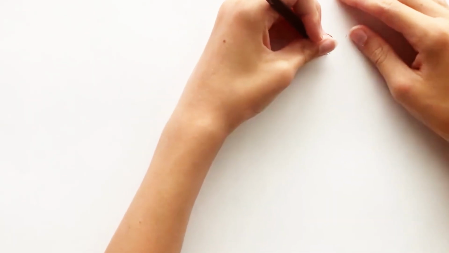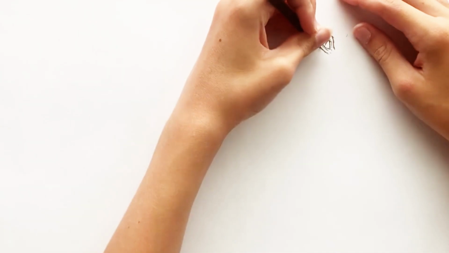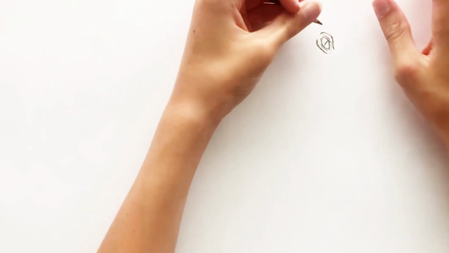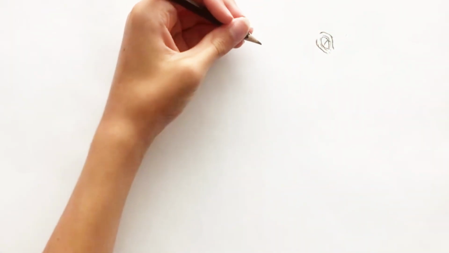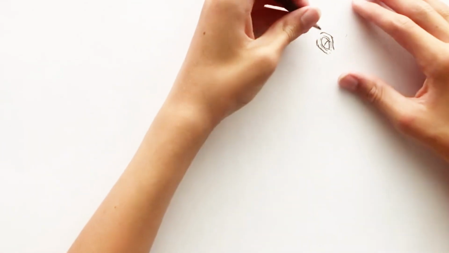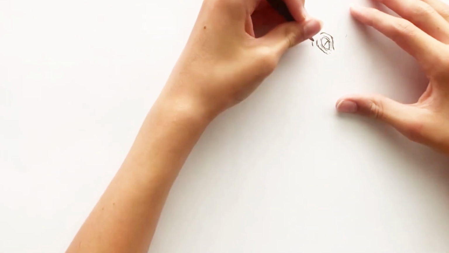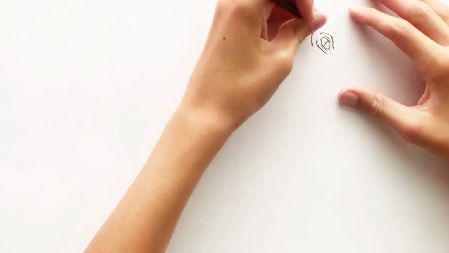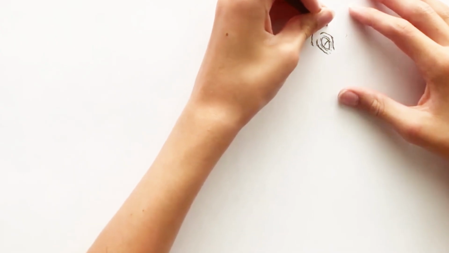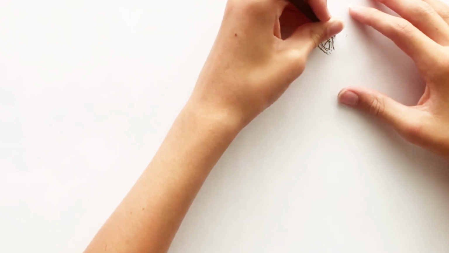Just down here too, to make it look like you have a dinosaur eye. So I'm going to have it like that. And now I'm going to have a line coming up from here, and it'll go like that.